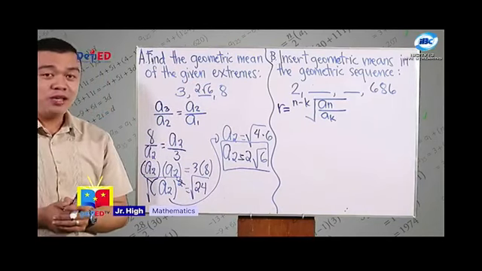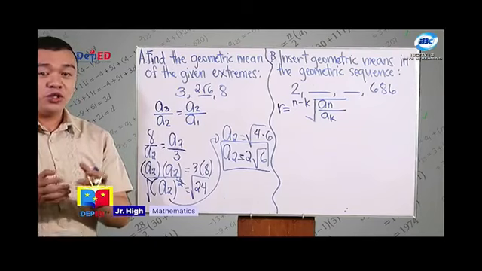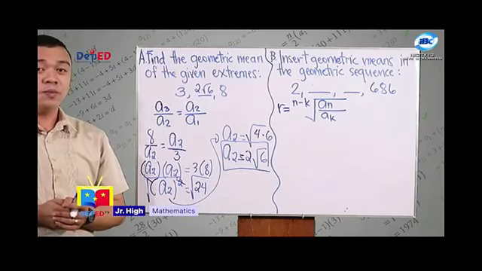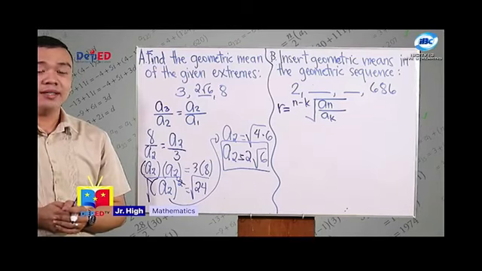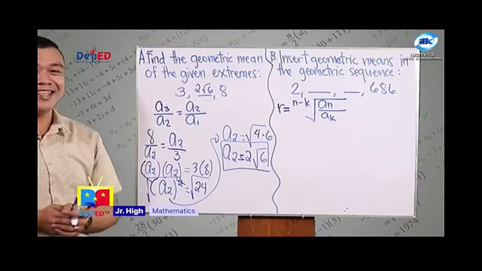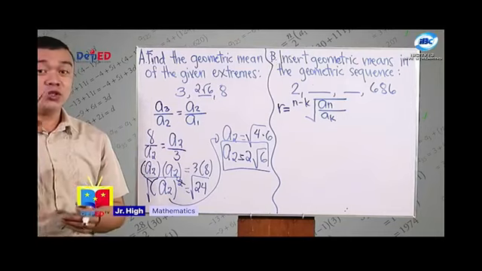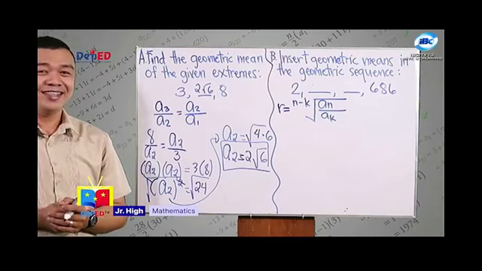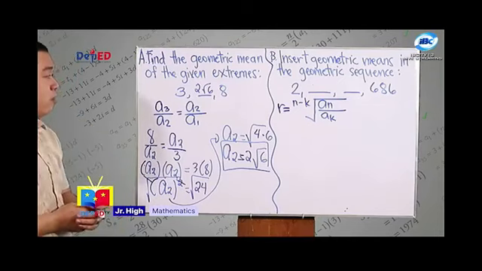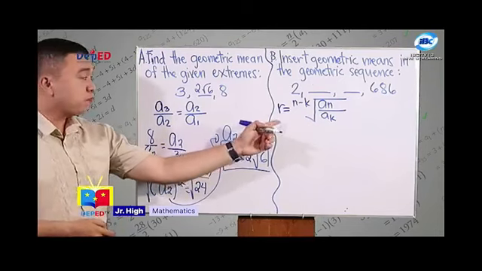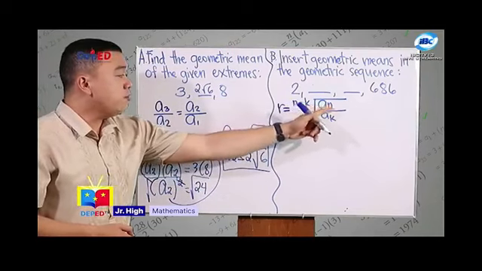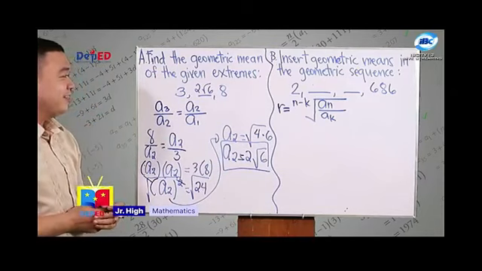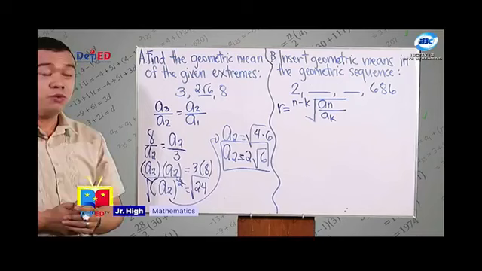Now, let's proceed to letter B. Insert geometric means in the geometric sequence 2, blank, blank, 686. Again, we are looking for two unknowns, which are a sub 2 and a sub 3. With that, we will use the formula first in getting the ratio, which is the n minus k root of a sub n divided by a sub k. Let's substitute the given values.